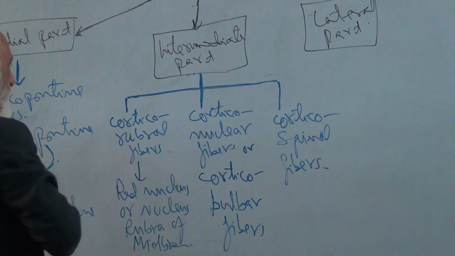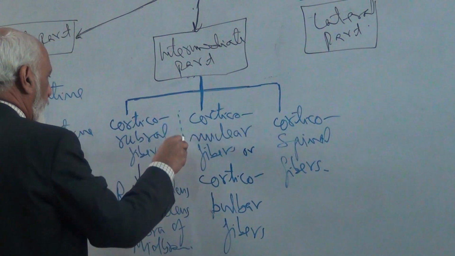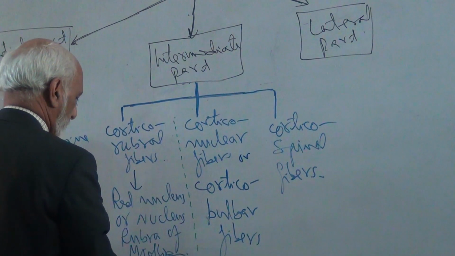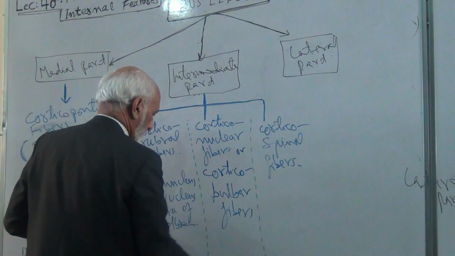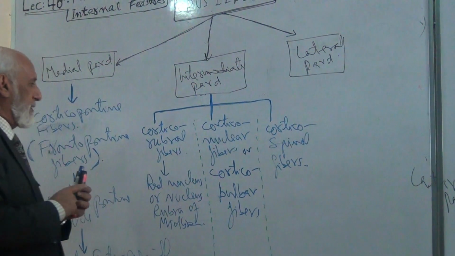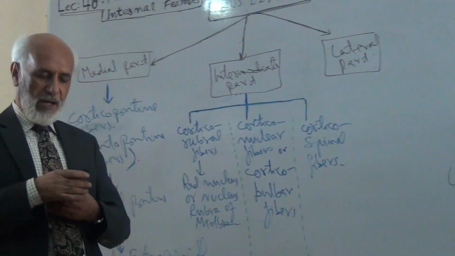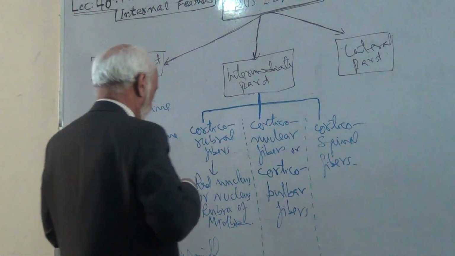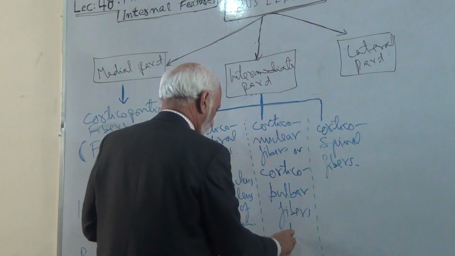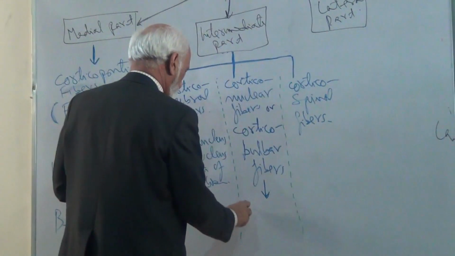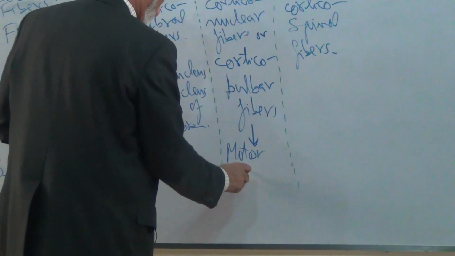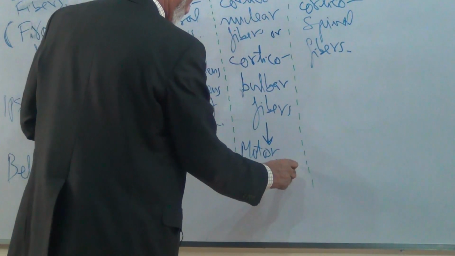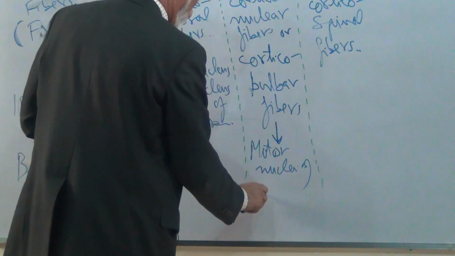Why corticobulbar? Because the old name for the medulla oblongata is bulb.